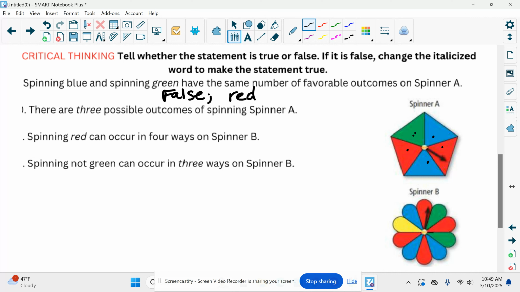So this is saying that there are 3. So is this true or false? False. And so instead of 3, it should be 5. What are there 3 of? 3 what? 3 different colors. But is colors and outcome the same thing?